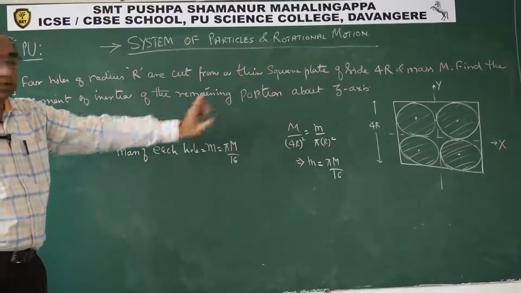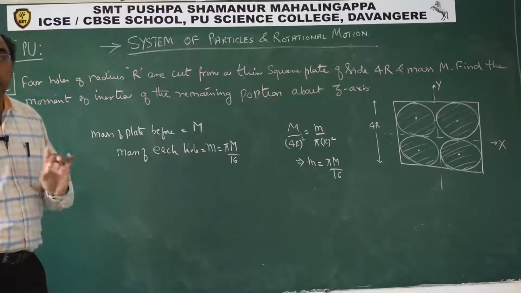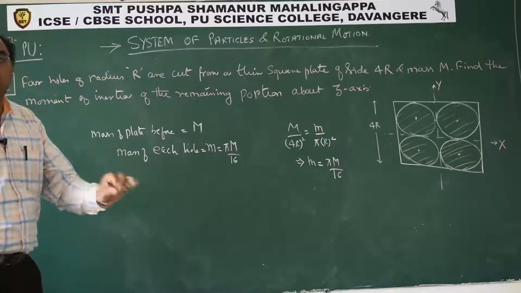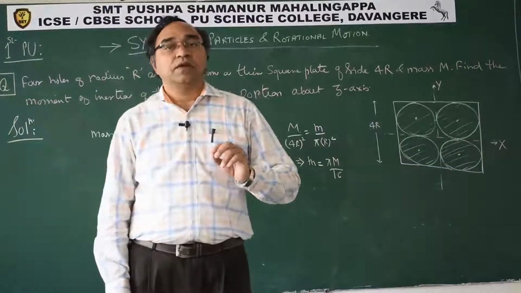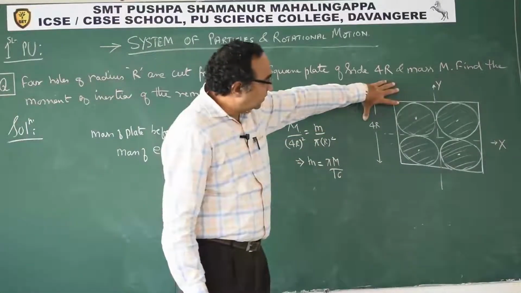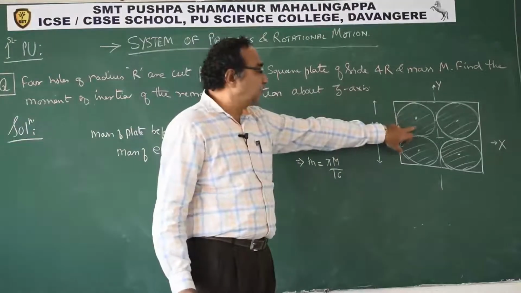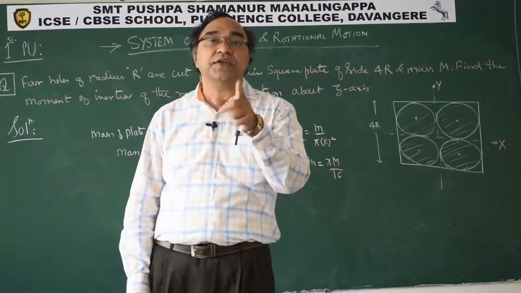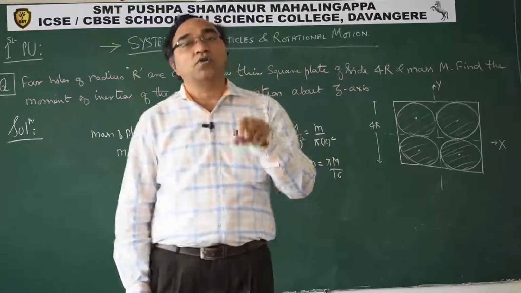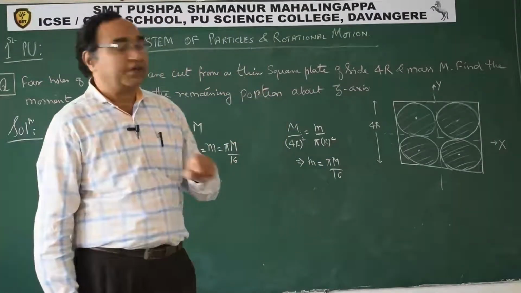R square cancels out. So how did we find out? Mass per unit area will remain constant. How is it that? The concept goes this way. Density of the plate material, and the density of the circular hole which we are removing is same. Density is mass upon volume. Volume is area into thickness.